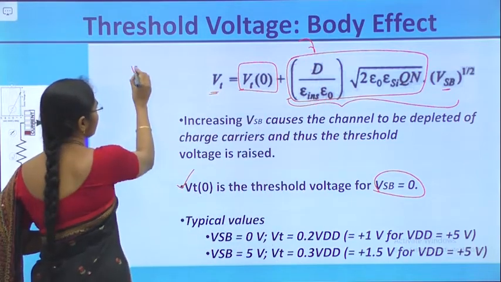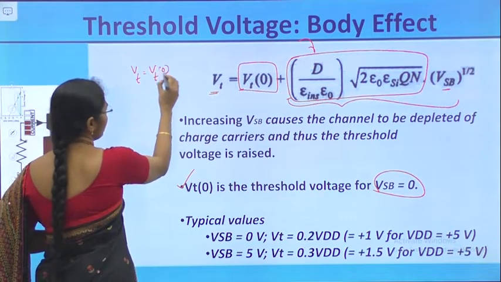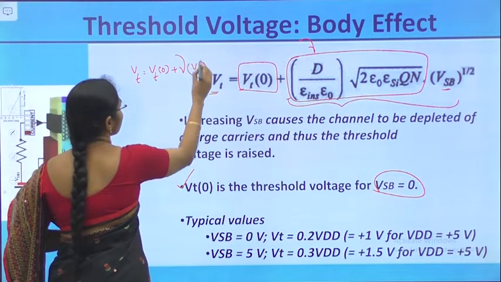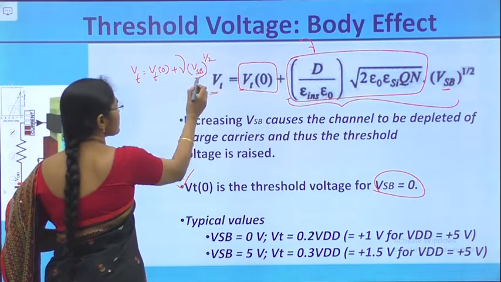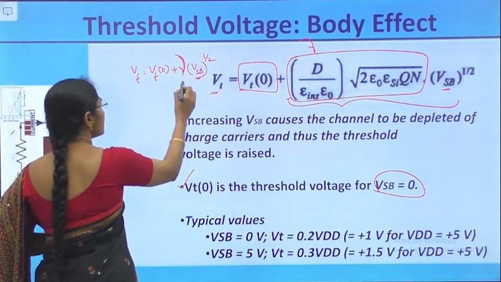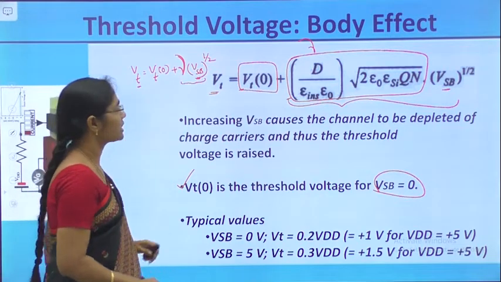So we can write Vt is equal to Vt of 0 plus gamma into VSB power half. So due to the increase of VSB, gamma times square root of VSB is added to the Vt. So Vt is increasing.